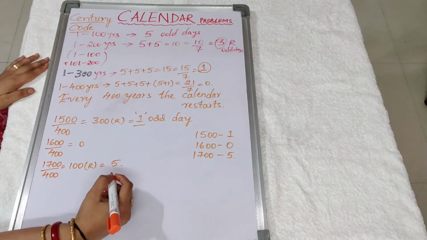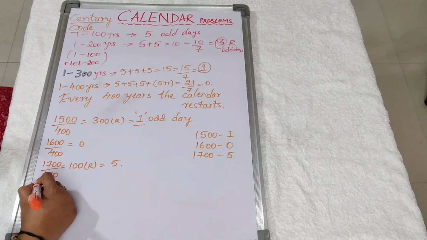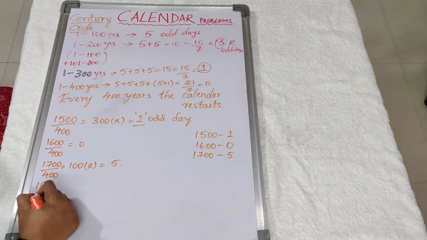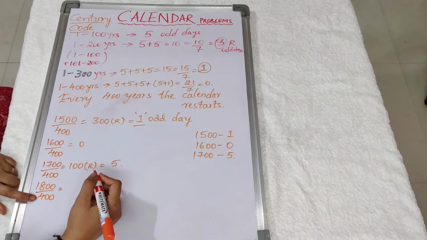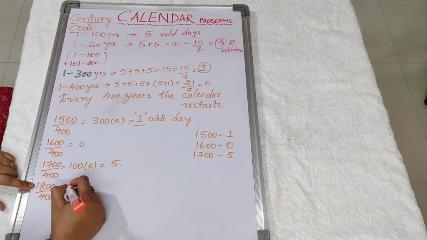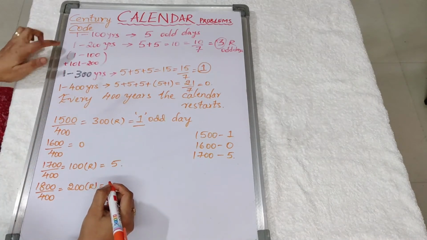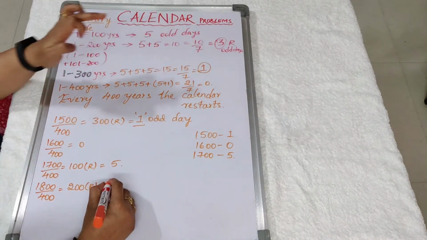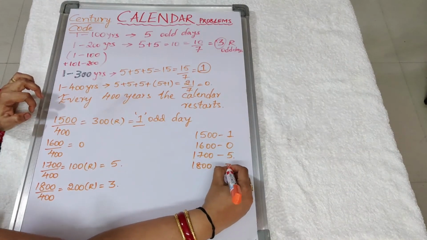Am I right? Yes. Now next one, let us go for 1800. Similar again. So what is the remainder? 4 4s are 16, so 200 is the remainder. For 200 years, what is the code? It is 3. So for 1800, the code is 3.